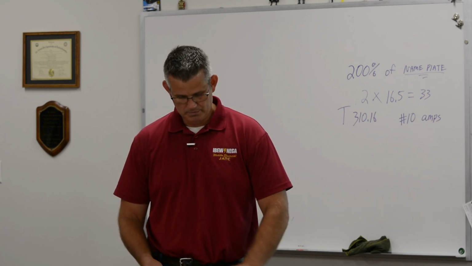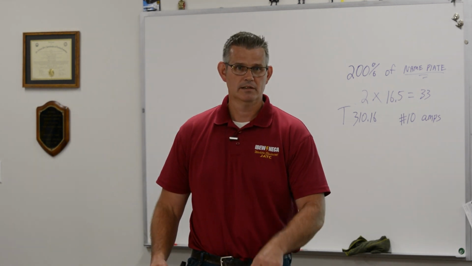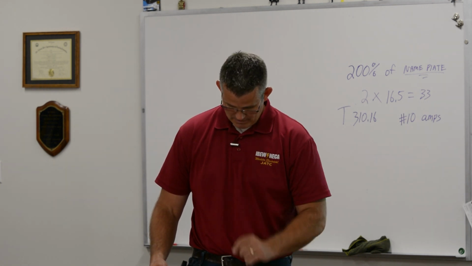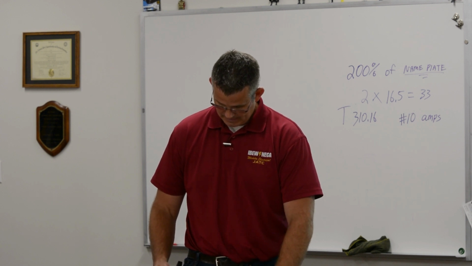Okay, go to table 310.16. Are you at the table? Look at 18, 16, 14, and 12 gauge wires. Do you see anything special about those sizes? They've got a little asterisk beside them, right? Let's go down to the asterisk at the bottom of the page.